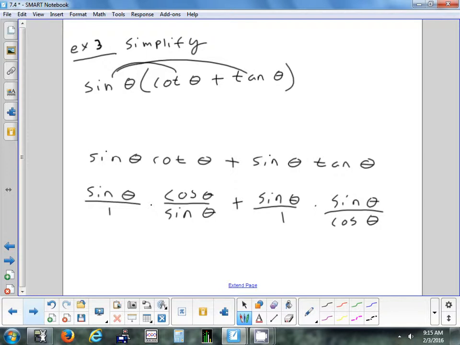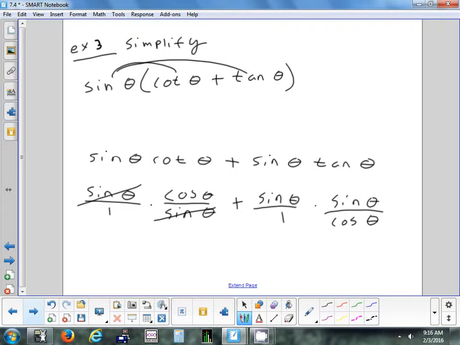Okay, so now when we multiply, you can cancel things that are right next to each other, but you cannot cancel across a plus or a minus sign. If you think, oh, there's a cosine in the top here and a cosine in the bottom, there's a plus sign. You can't cancel across a plus sign. But you can cancel across a times sign.